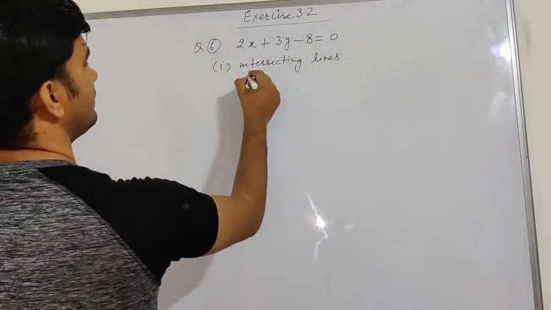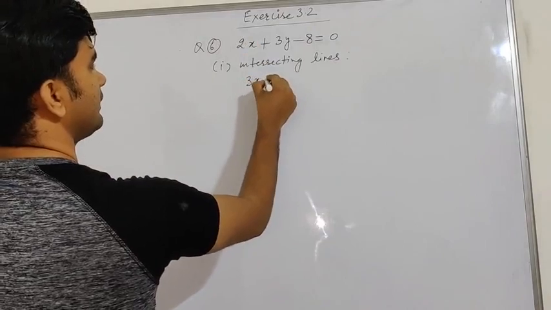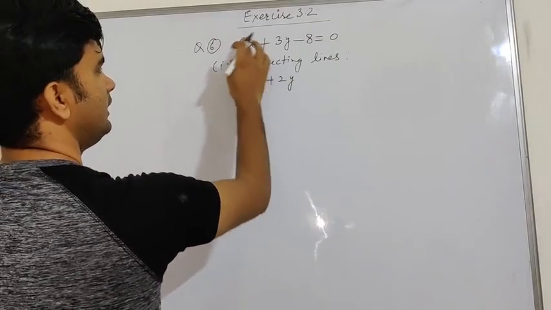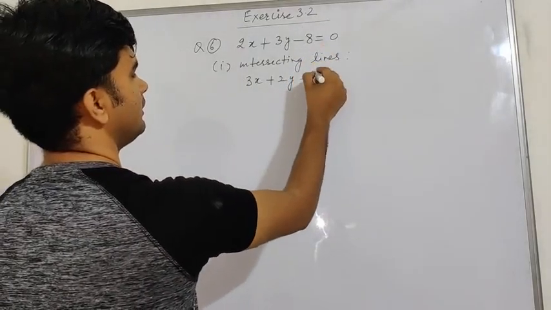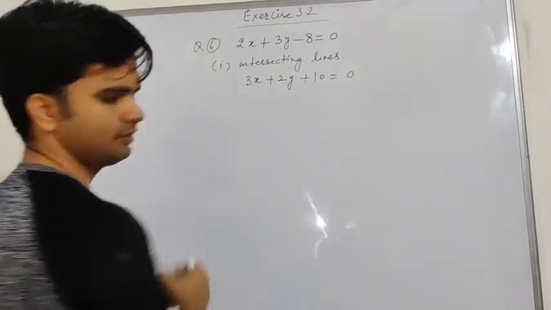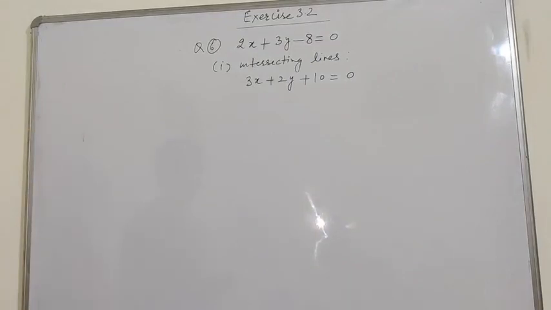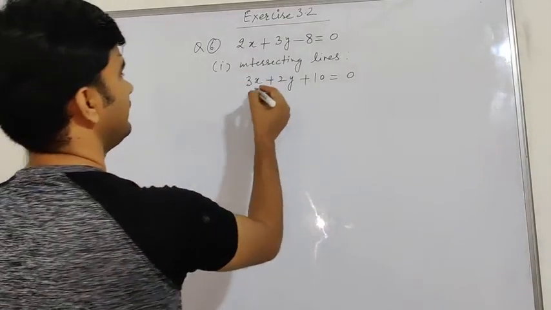I am taking here 3x + 2y, interchanging the coefficients of x and y, and here any constant term equal to 0, right?